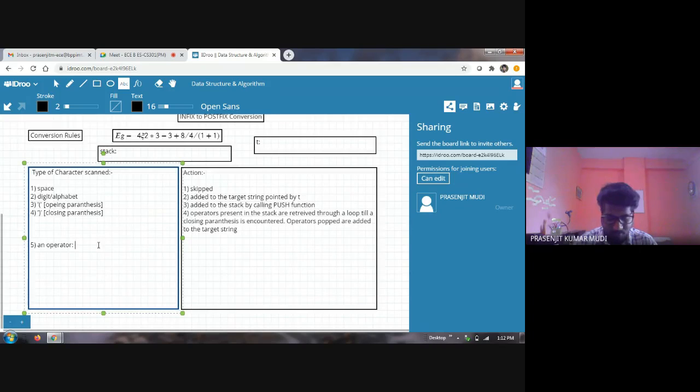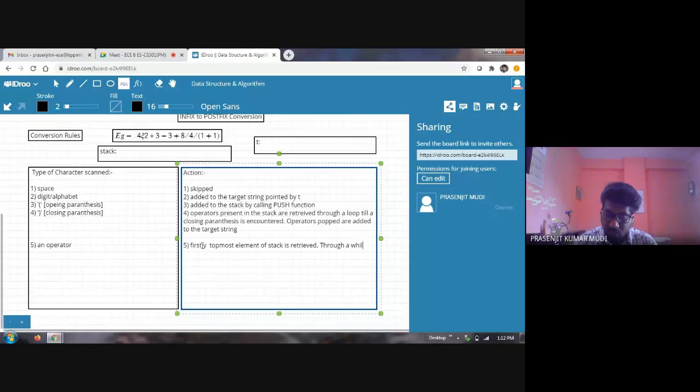dollar sign, okay, if an operator, I mean exponential operator, multiplication, division, plus or minus. So what will happen in that case? So in that case, firstly, the topmost element of stack is retrieved. Okay.